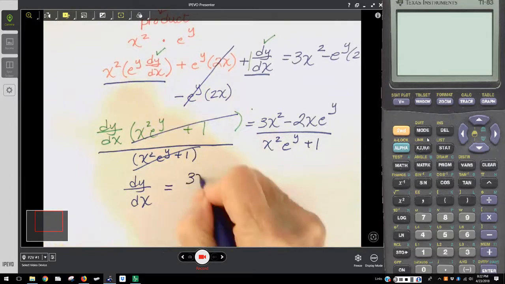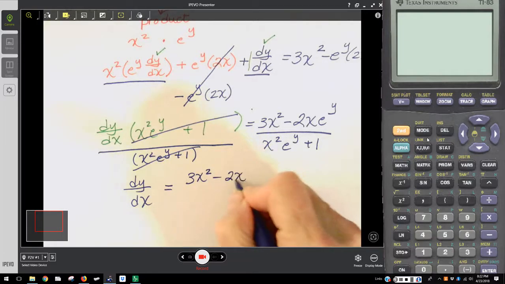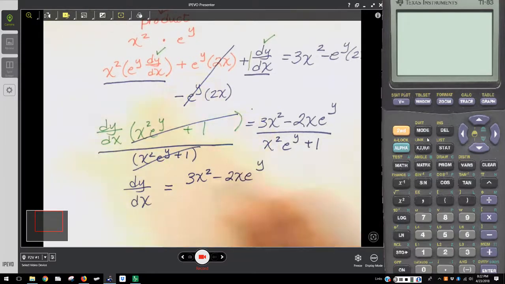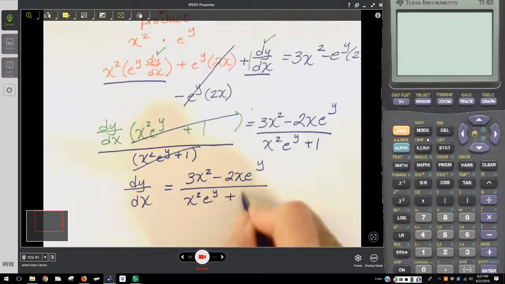Is 3x squared minus 2x e to the y over x squared e to the y plus 1, which was what the stated answer was.